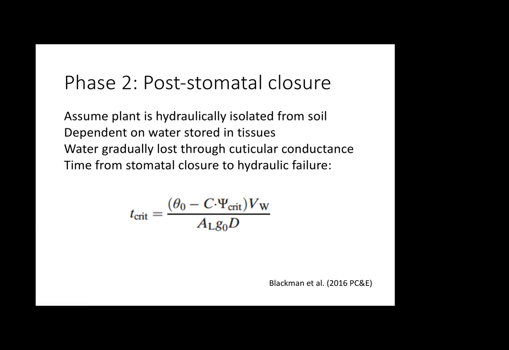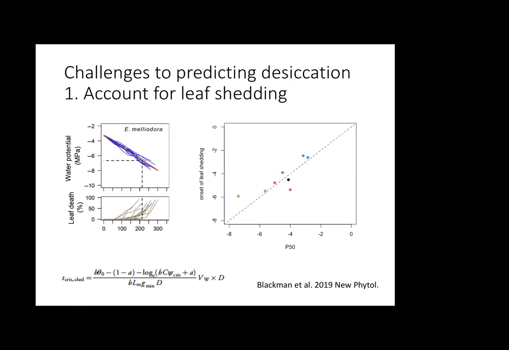And so we tried to test this model using data from Lee's experiment. One thing that we had to grapple with was the loss of leaf area over time. And so what Lee and Chris observed in all of their species, as they dried them down, leaves were shed. And so this is the leaf shedding on individual plants as the water potential falls.